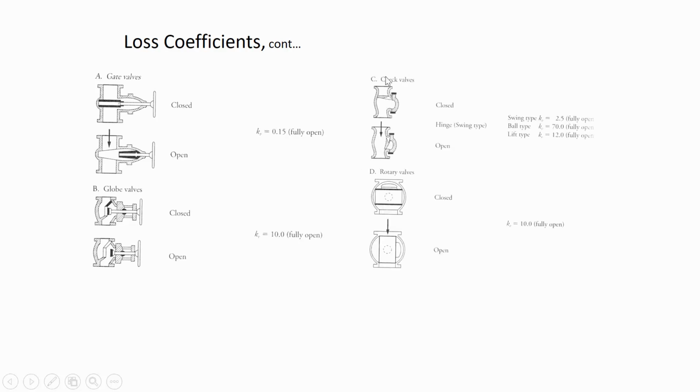A check valve is sometimes used in sewers, where you don't want to have backflow into someone's basement. And actually, that's a problem that they have more often than you'd think here in Huntington.